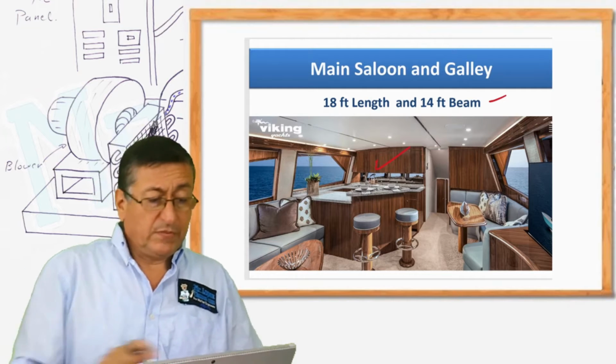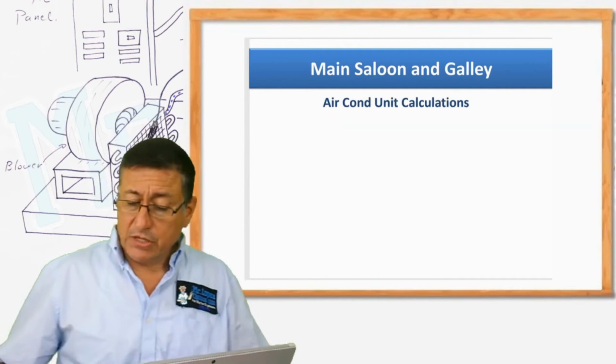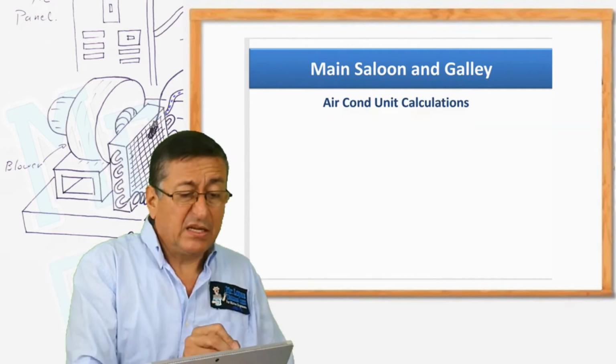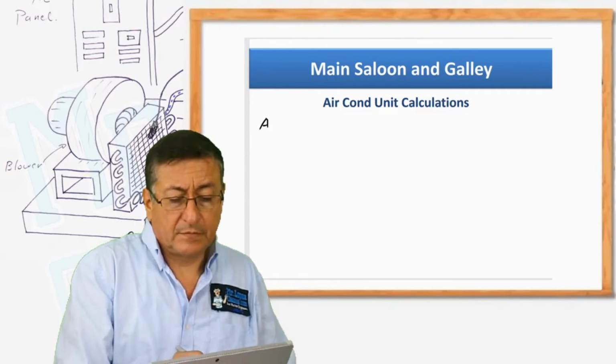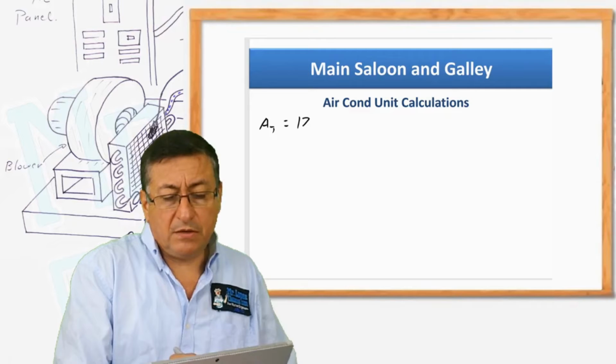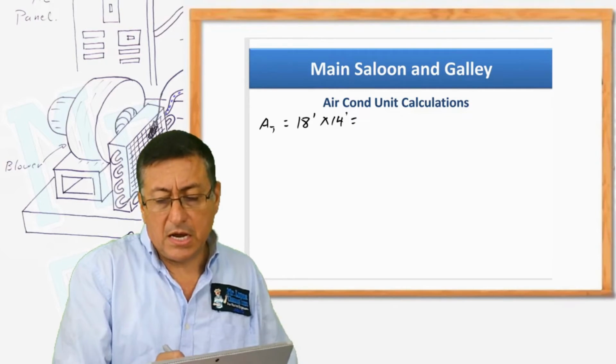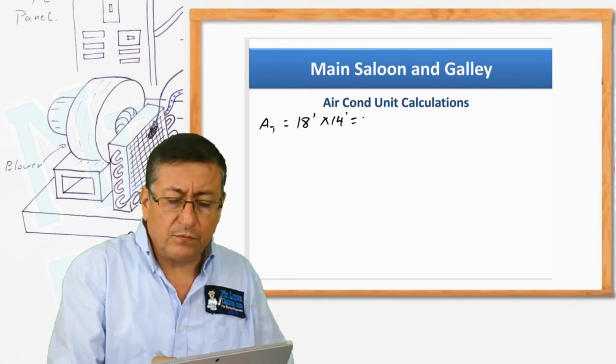In other words, the total area will be 18 times 14, and this is 252 square feet.